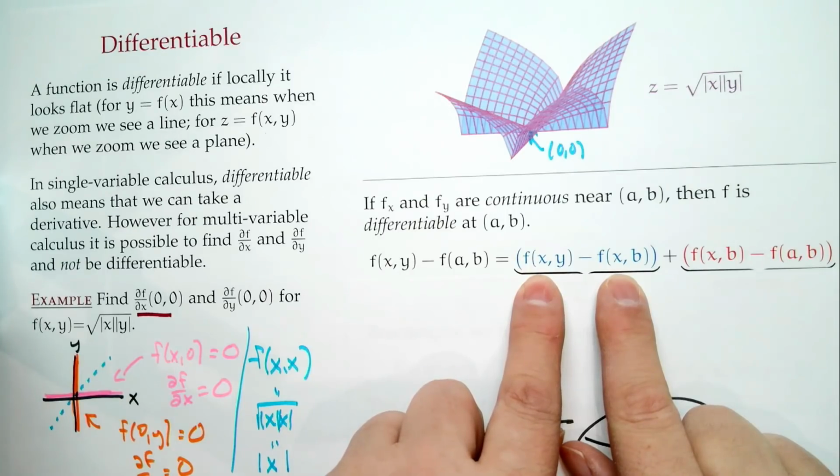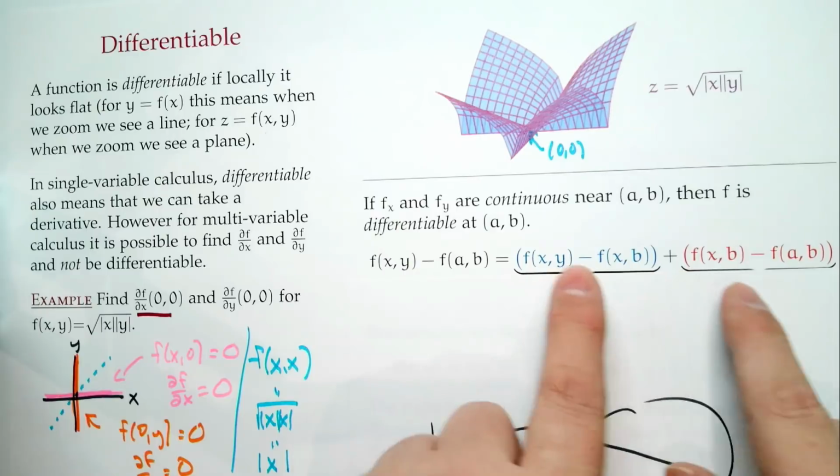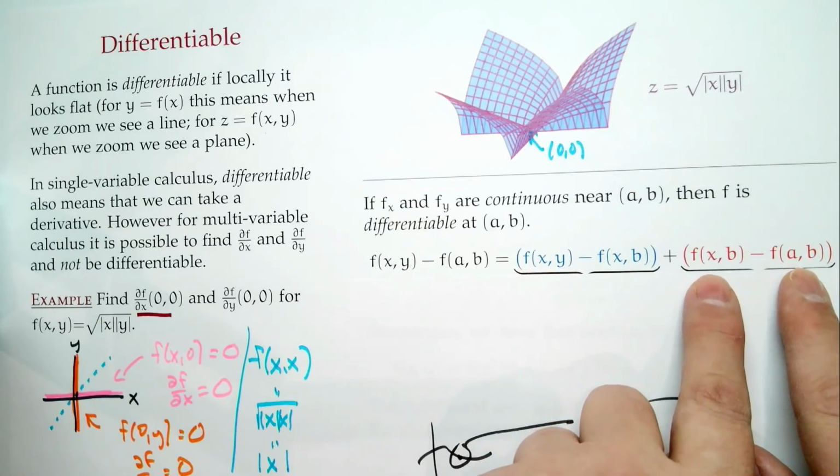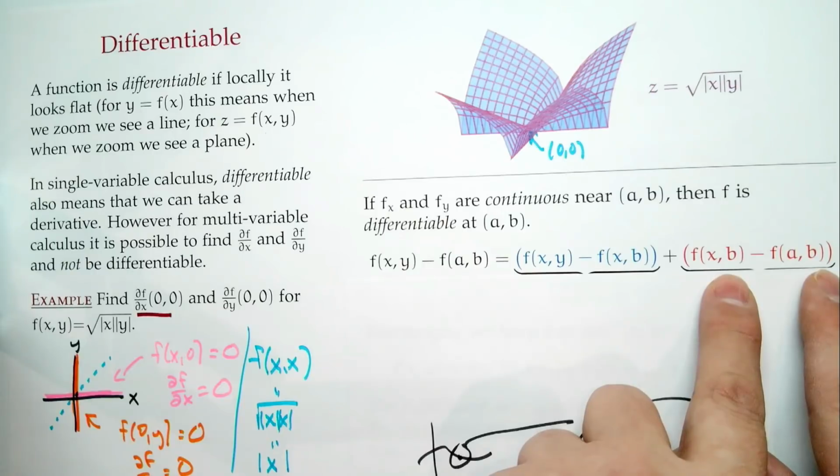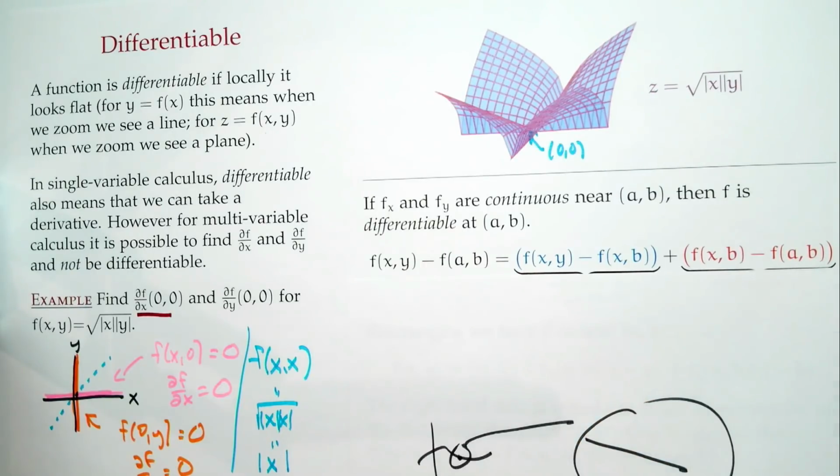X and x in the first coordinate, they differ in the second coordinate, while over here, they differ in the first coordinate, but they match in the second coordinate. Now why is that special? Well, when I agree in a coordinate, what that means is I'm in a slice. If I'm in a slice, I can now go back and think about what's happening in single variable calculus.